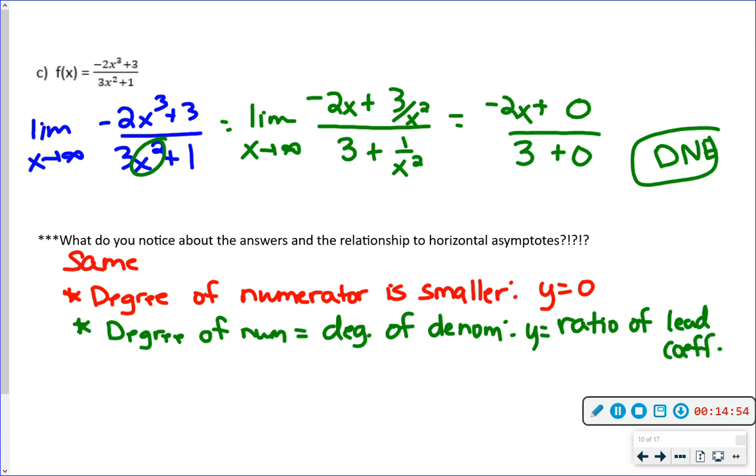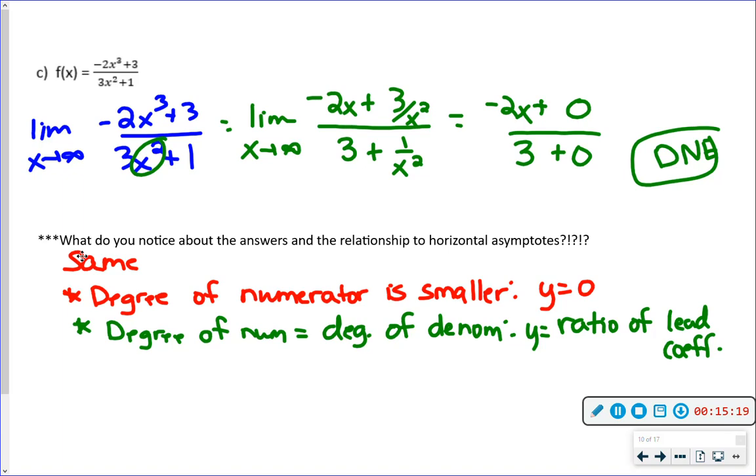So that's why I knew right away B was negative 2/3 with no work. Now, C is a situation when the degree of the top is larger. That kicks you into a slant asymptote, not a horizontal asymptote. So that's why I knew C is a DNE, does not exist, because the degree of the top is larger, because you have that cubed versus a squared. Make yourself a note.